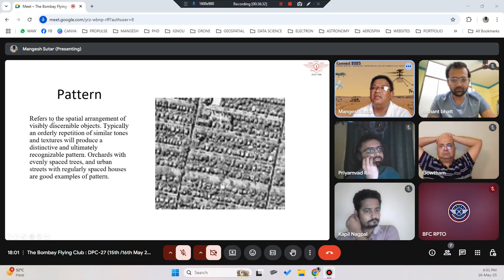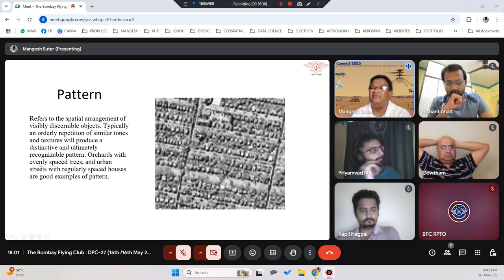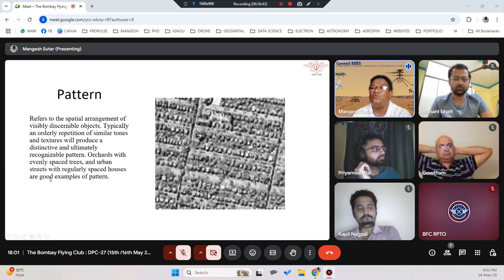Again, pattern refers to the spatial arrangement of visible, distributed objects. Orchard trees that are evenly spaced, and urban streets with regularly spaced houses, are good examples of pattern.